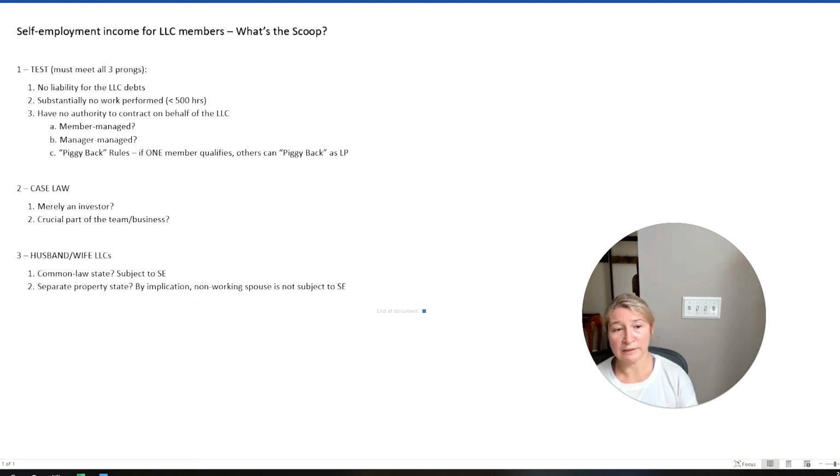When we look at case law, we're trying to see what you look like. Do you look like more of an investor, or do you look like more of a business worker, a business runner, somebody who works for the business, somebody who's integral to the running of the business?